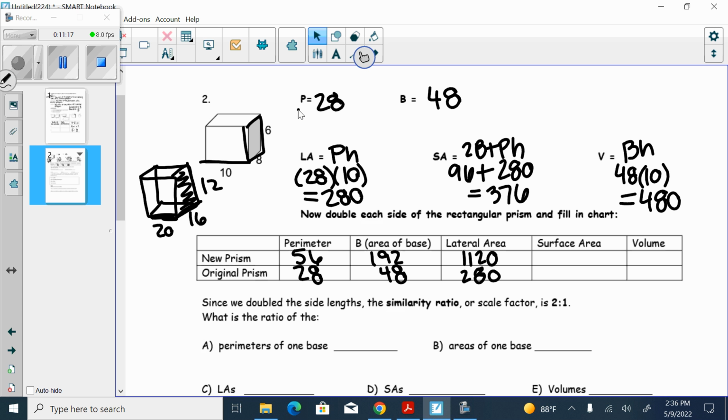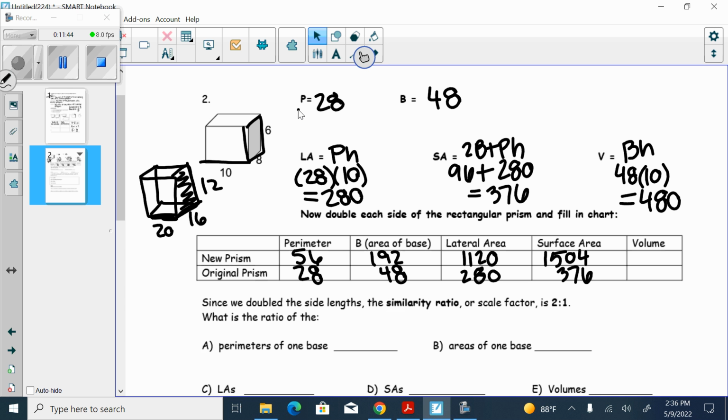Okay, then we have surface area, which was 2 base areas, so 192 times 2, plus that lateral area. And then the original was 376.